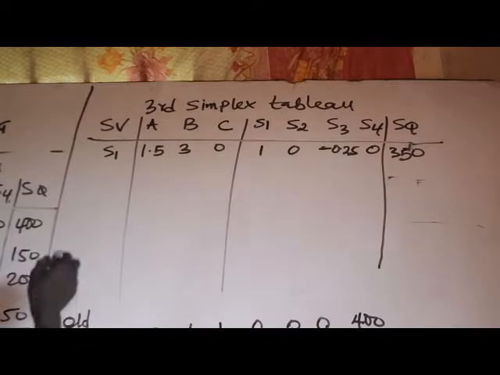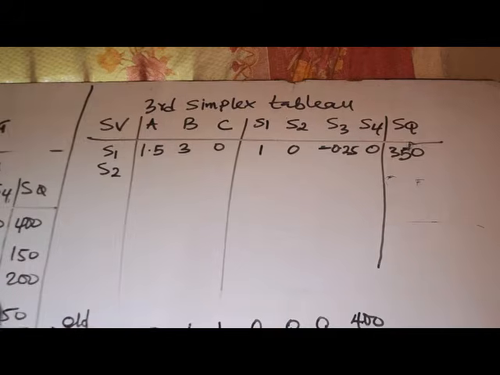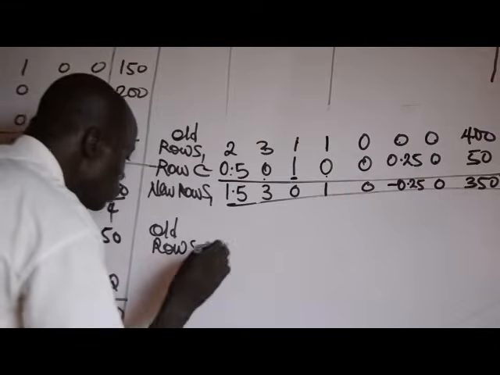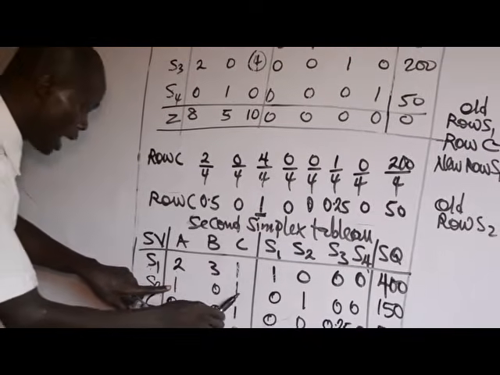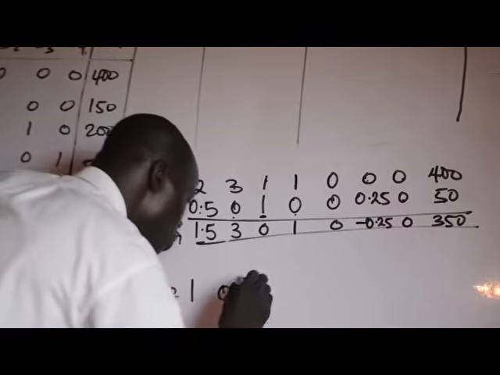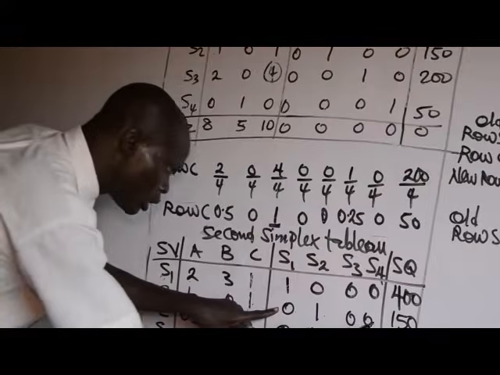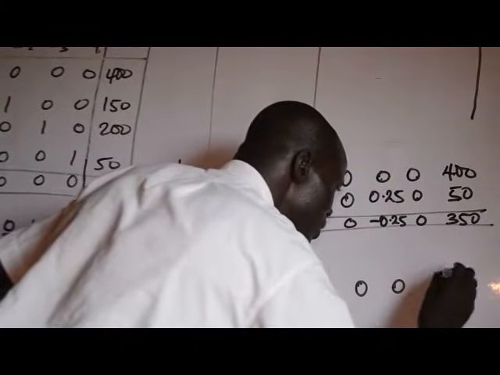Then row S2. Let's have old row S2. The old row S2, we have 1, 0, 1, 0, 1, 0, 0, 150.